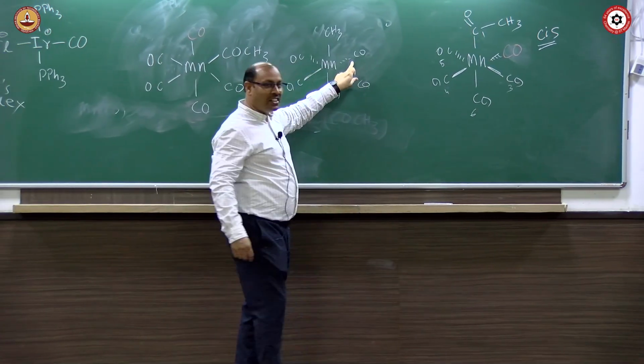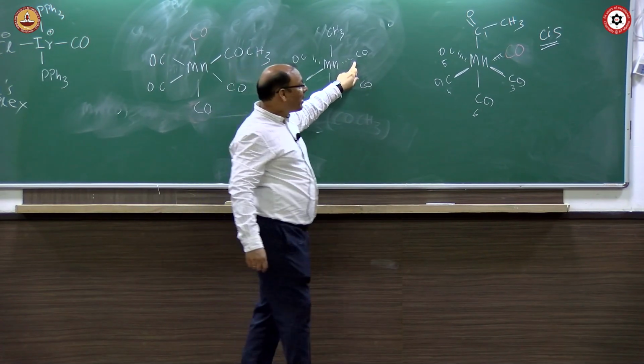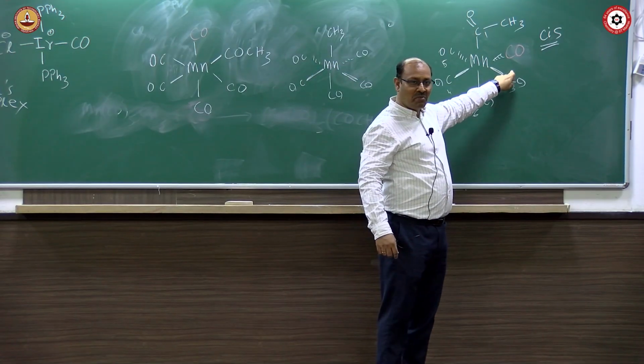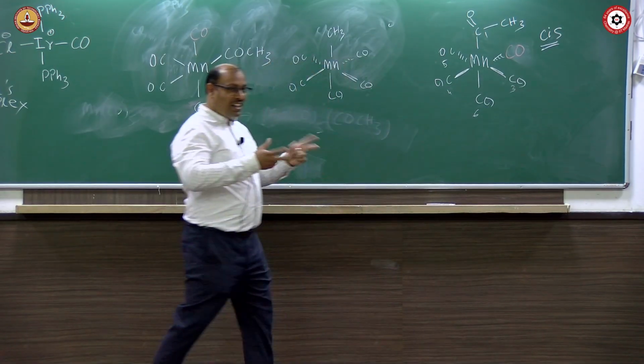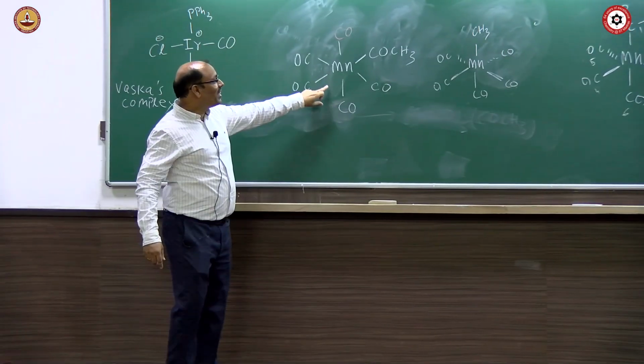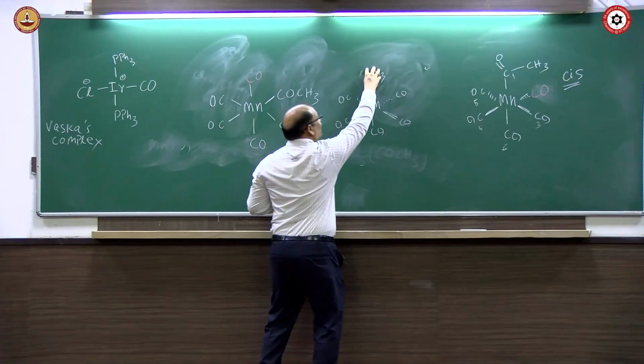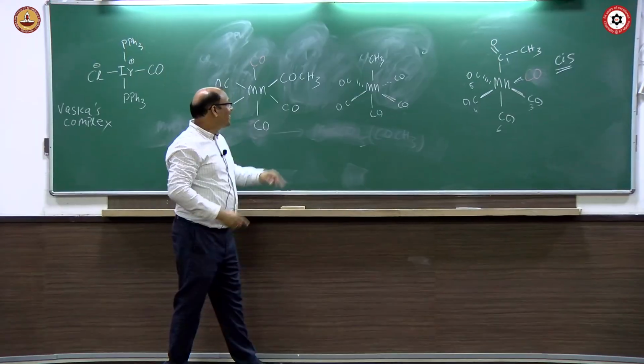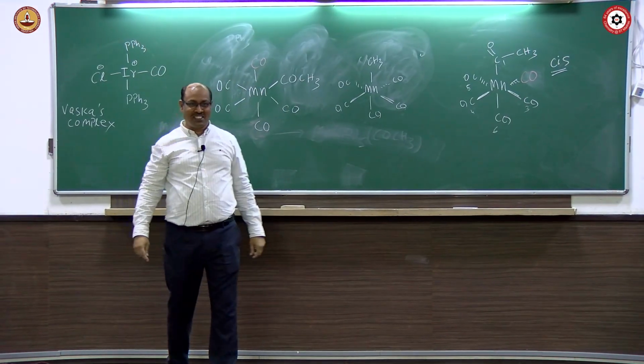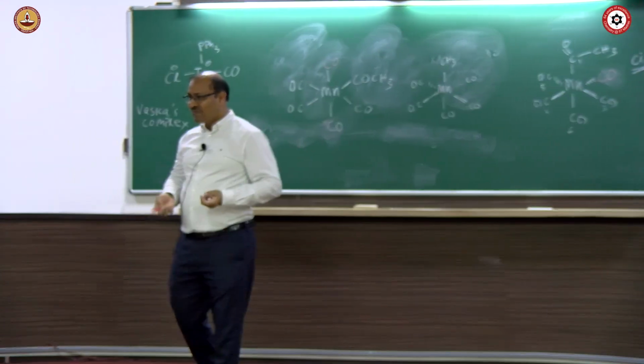A vacant space is created here, and that vacant space is occupied by red carbon monoxide. But I make an illusion now, draw the formula like that. Then you will think probably the methyl from here has gone there, creating a vacant space where the red carbon monoxide comes. 2 ways of thinking.